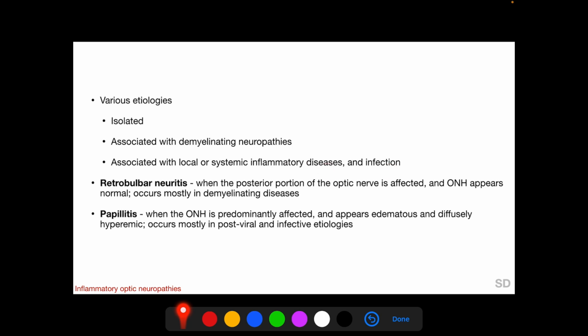Now we may have a retrobulbar neuritis when the posterior portion of the optic nerve is affected, but the ONH appears normal, and it occurs mostly in demyelinating diseases. Or we may have a papillitis when the optic nerve head is predominantly affected and it appears edematous and diffusely hyperemic, and it occurs mostly in post-viral and other infective etiologies.